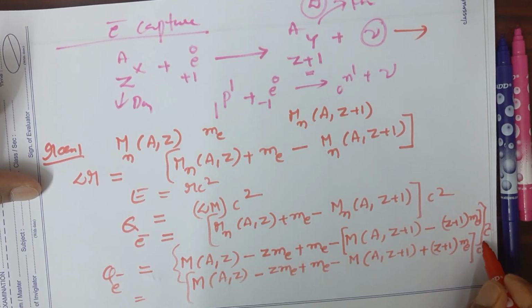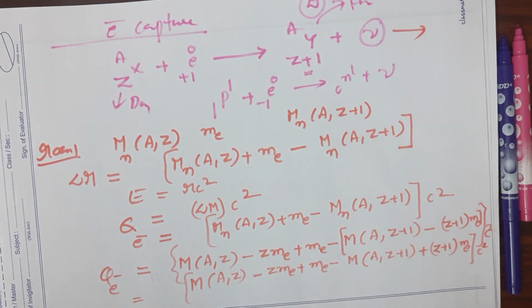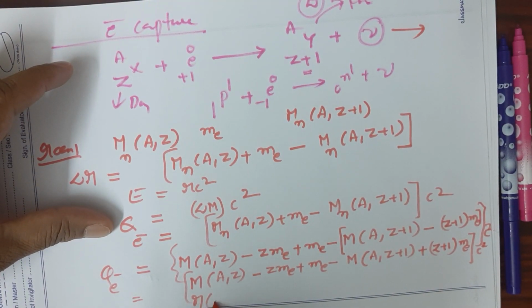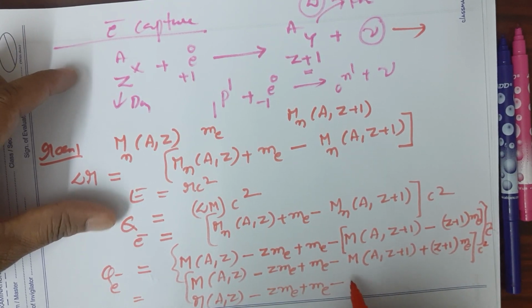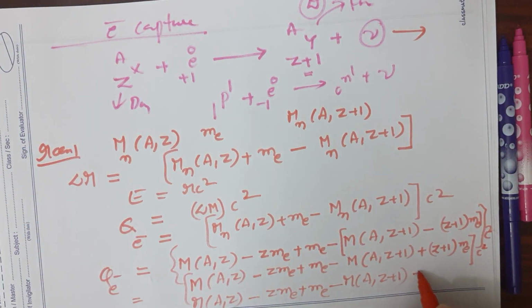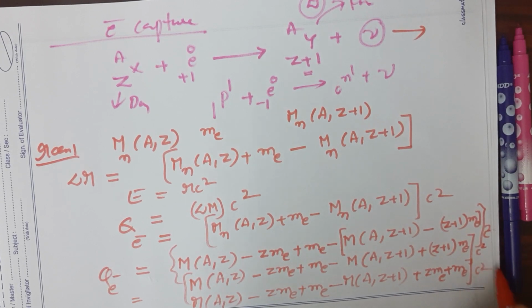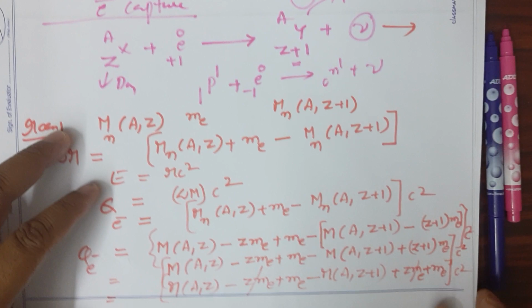Okay, are you following? Right. That equals M of AZ minus ZMe plus Me minus M of AZ plus 1 plus Z plus 1 into Me, into c square. Here plus ZMe and minus ZMe cancel, right?